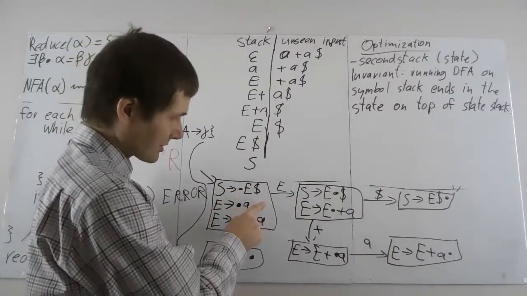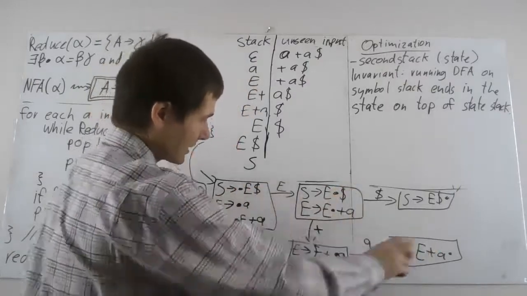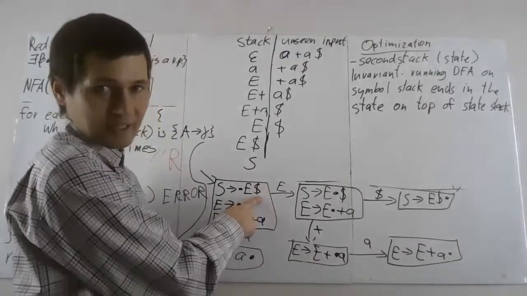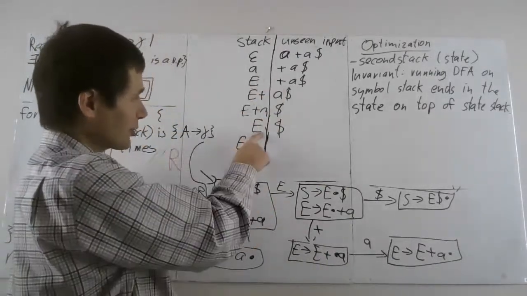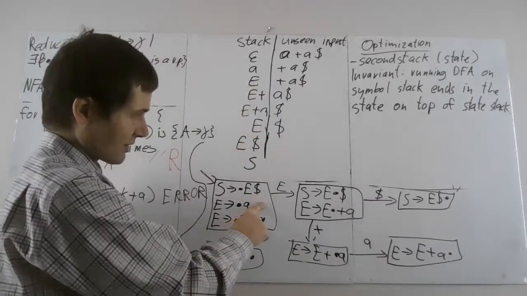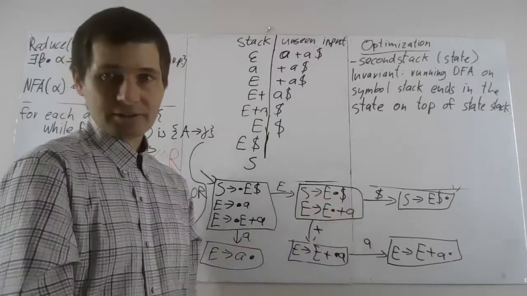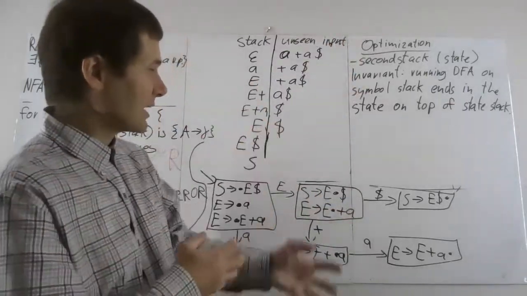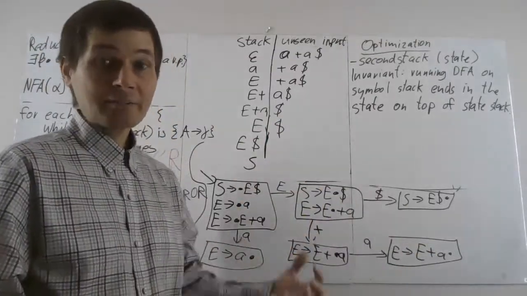The state stack is going to have this, because what states do I go to on E plus A? If I pop 3, then the top of that state stack is going to be the start state. And now if I push E, I'm going from the start state on an E, and I can push that back onto the state stack. Okay, so I keep these in sync, and this avoids having to rerun the DFA every time.